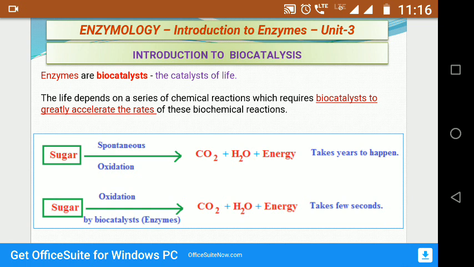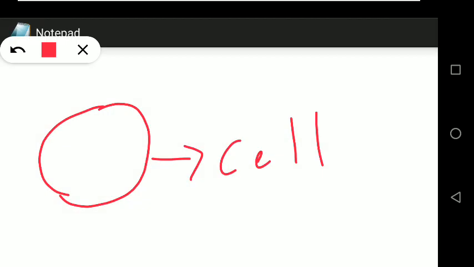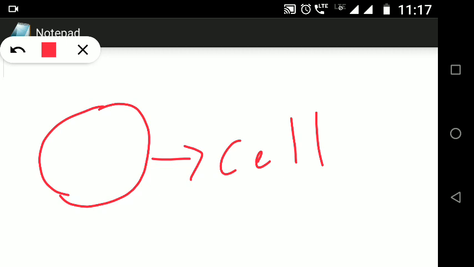Suppose we have a cell, one cell. That cell contains a nucleus and other cell organelles, cytoplasm, and everything else. That cell can survive on its own. How does it survive? It has the material required to sustain its life, and the reactions also. Plenty of different reactions will be taking place in that cell for its survival.